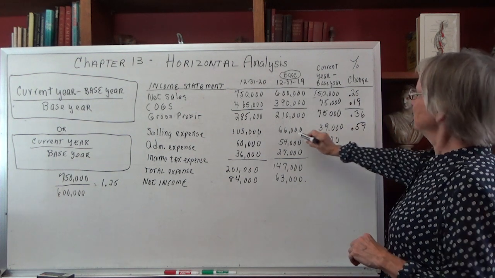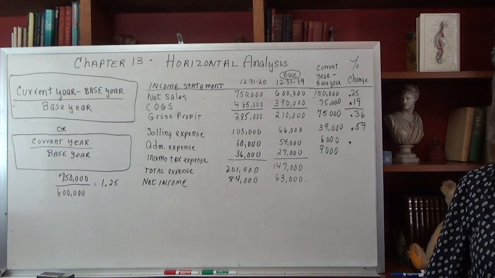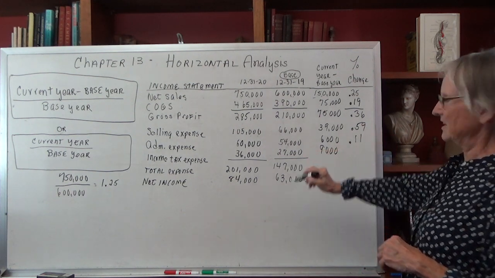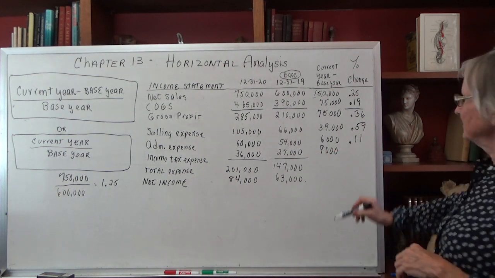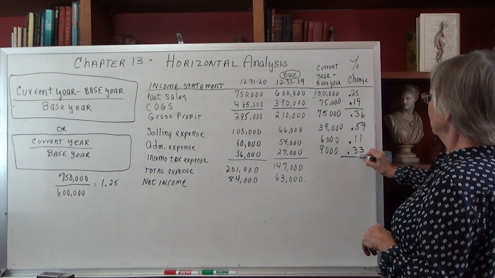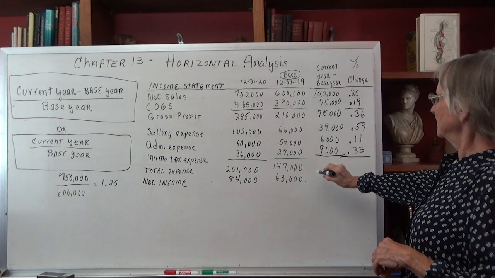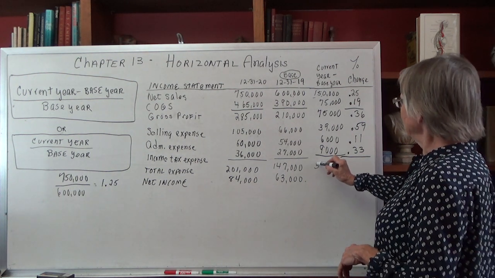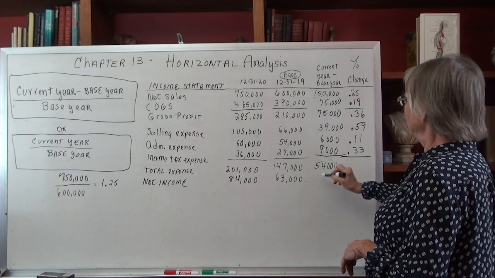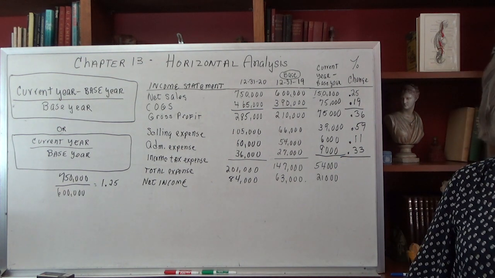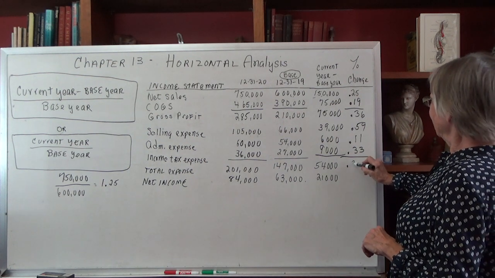So we want 39 divided by 66. We're doing the 6,000 divided by 54, the 9,000 divided by 27. And then, okay, we continue on, so 54,000 change, $21,000 change, and 37 and 33, okay.